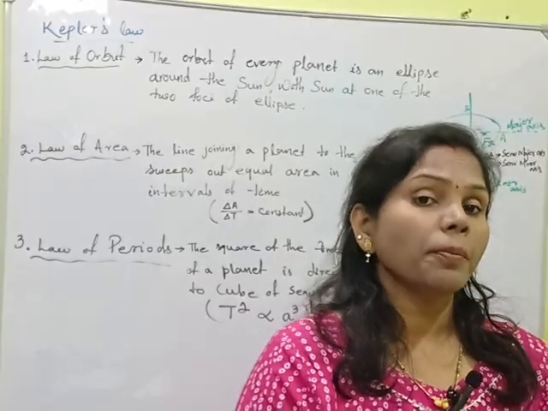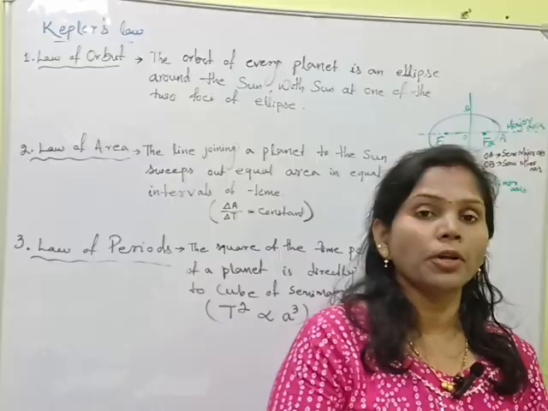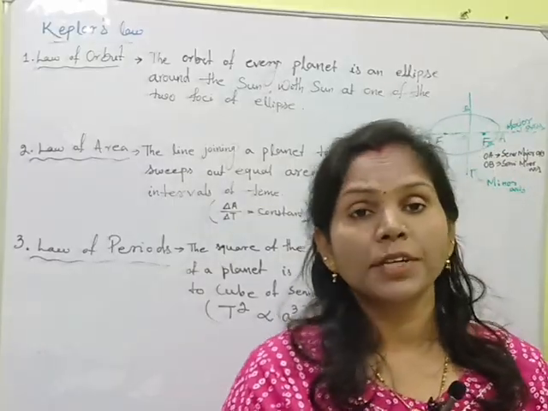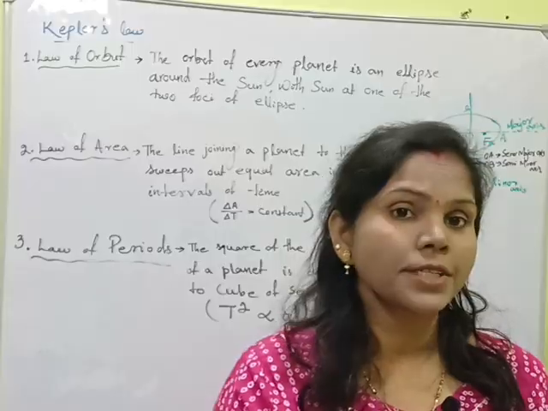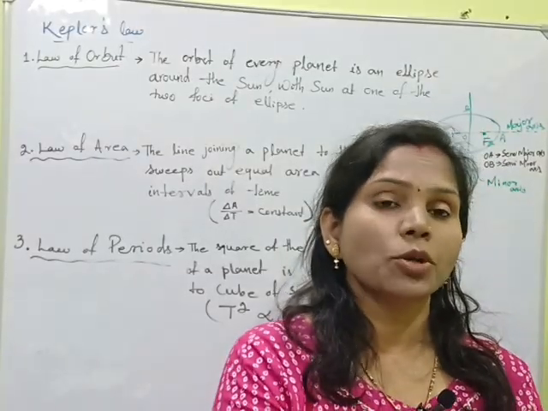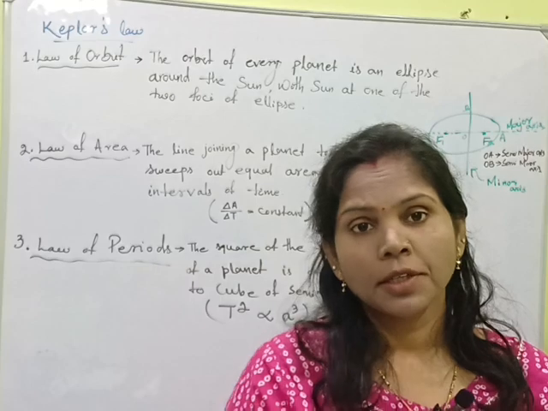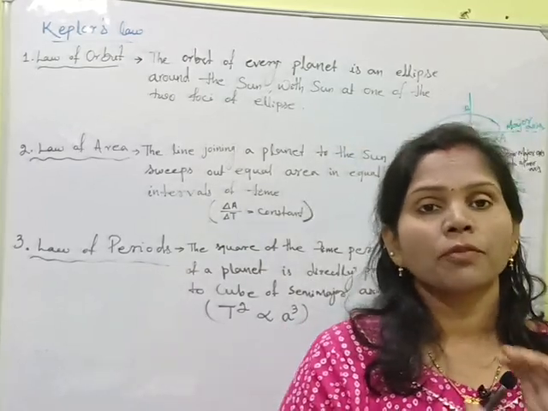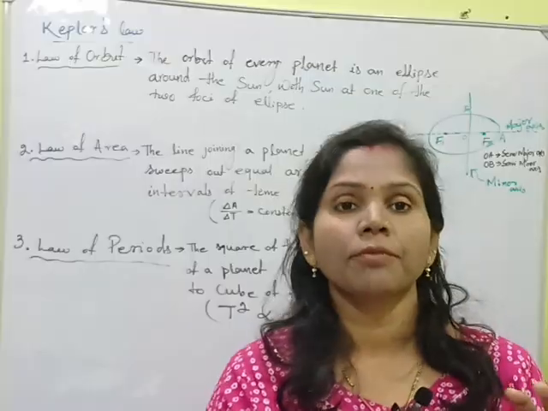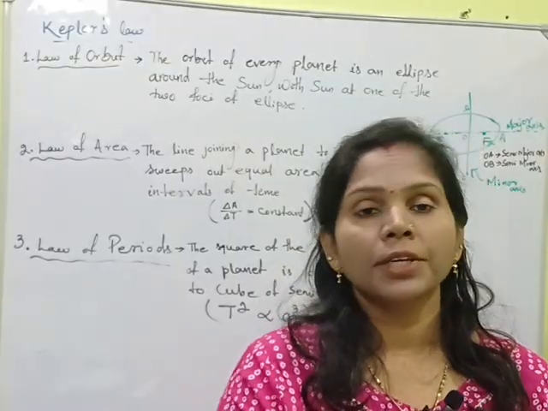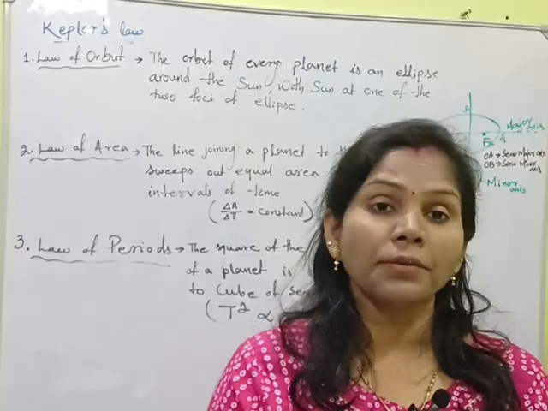Regarding planetary motion, Copernicus stated that all the planets move in a circular orbit with the Sun at the center. But after some time, Kepler proved this wrong and modified it: the circular path is actually an elliptical path.